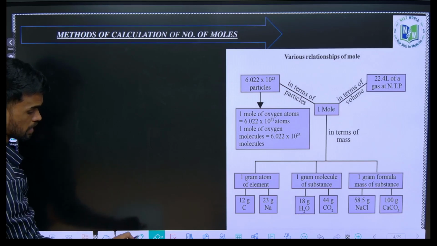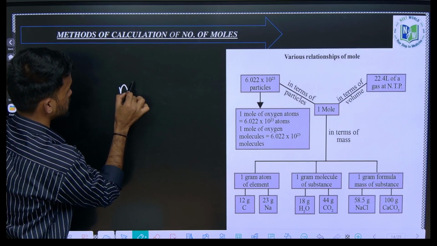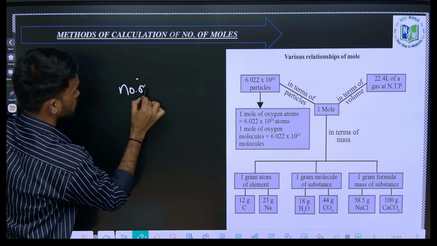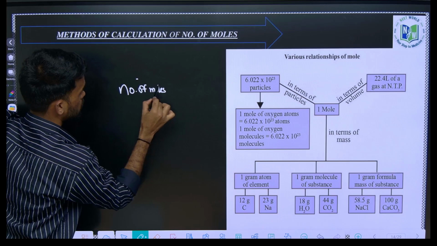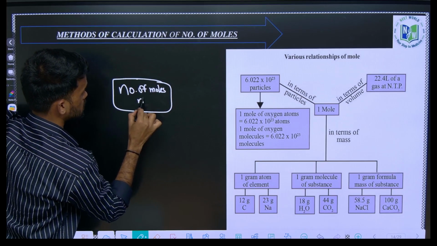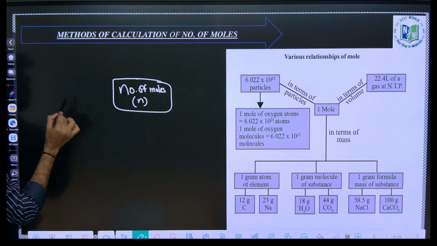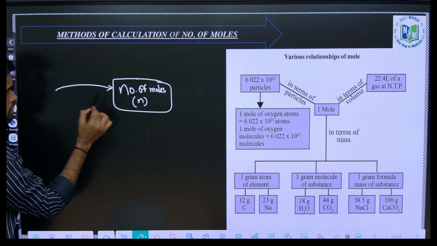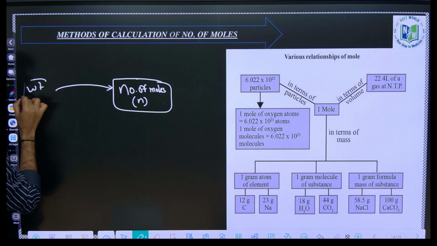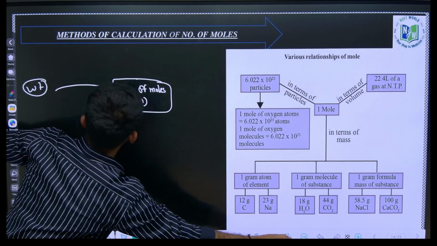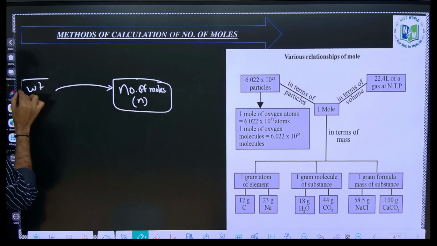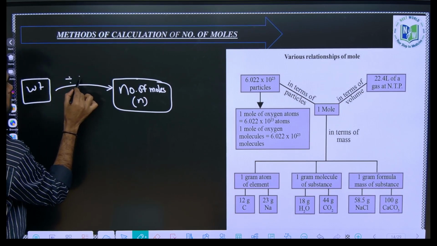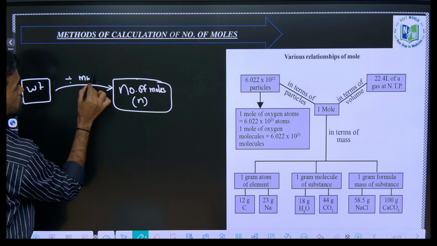So whatever they are asking, just take the central thing as number of moles. Now, how do we convert the weight into number of moles? Just by dividing with gram molecular weight, right?